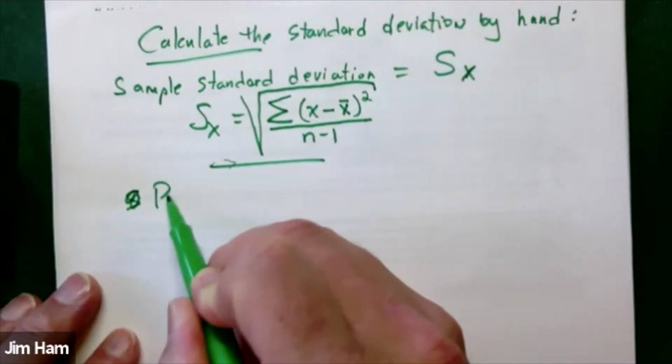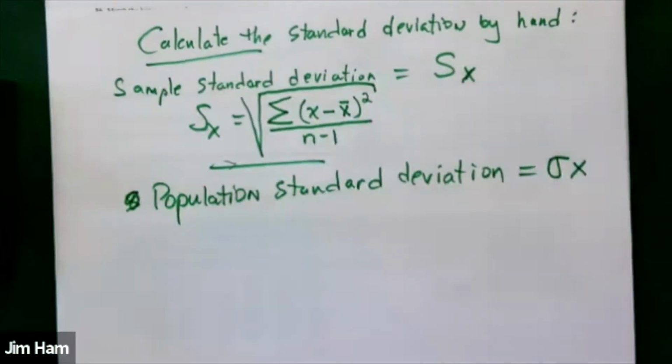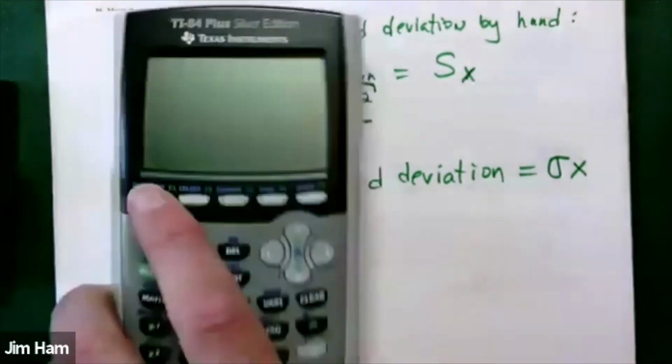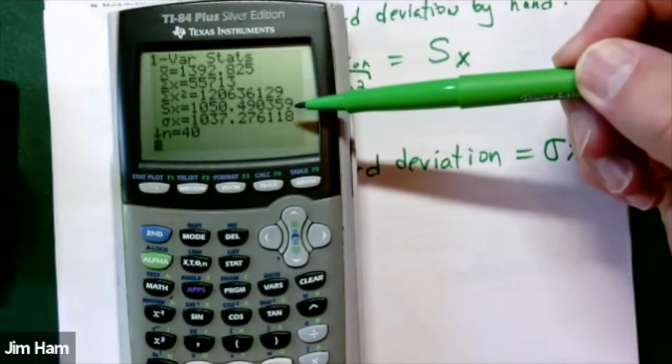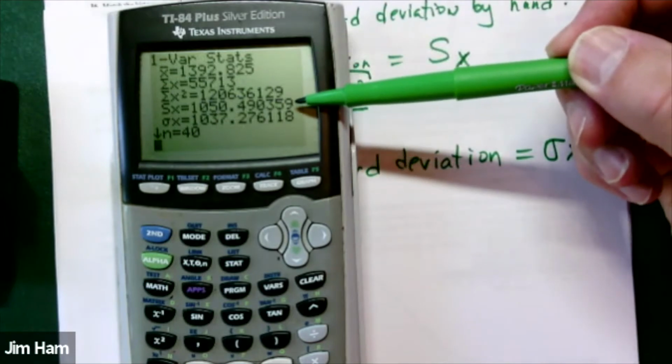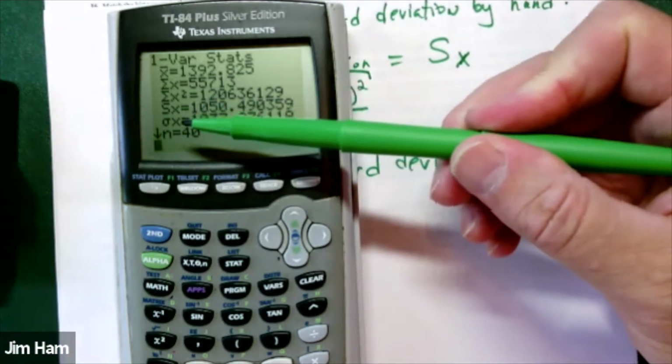Now the population standard deviation is sigma x. It kind of looks like an R, but it's a Greek letter. Both of those are reported. Here, you've got the sample standard deviation, and then right next to it is the population standard deviation. You can see what the sigma sub x looks like there.